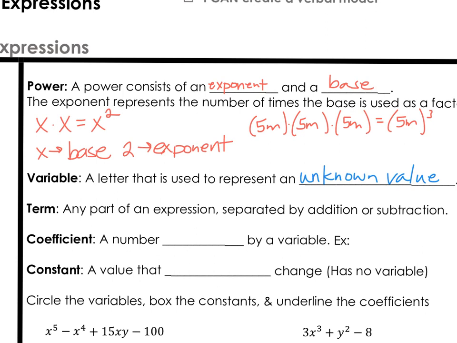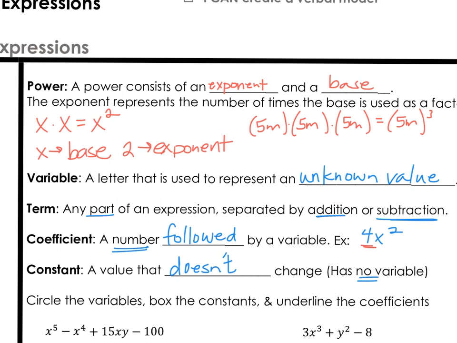By definition, a variable is simply a letter that's used to represent an unknown value. A term is any part of an expression separated by addition or subtraction. Coefficient is a number followed by a variable. For example, if you have a term called 4x squared, the 4, that number in front, is the coefficient.